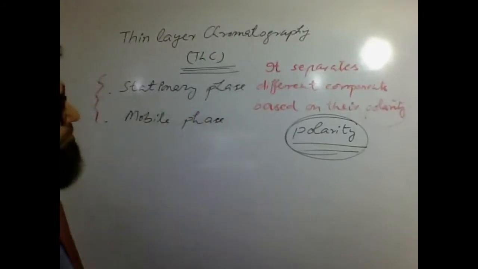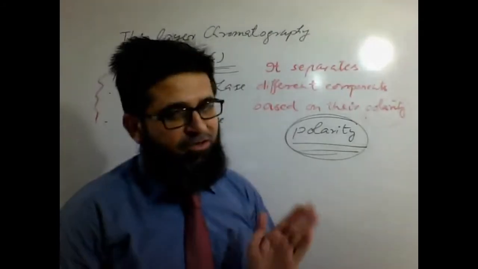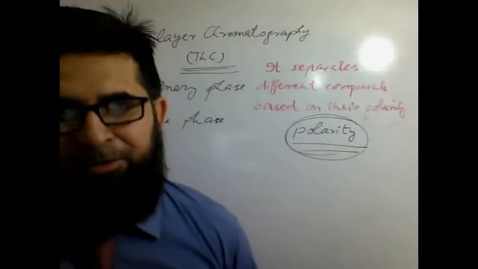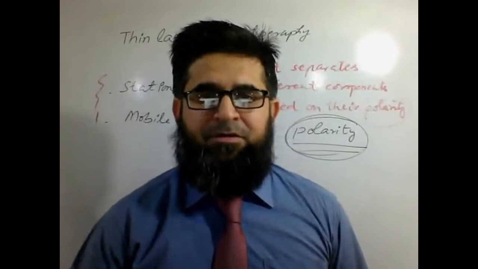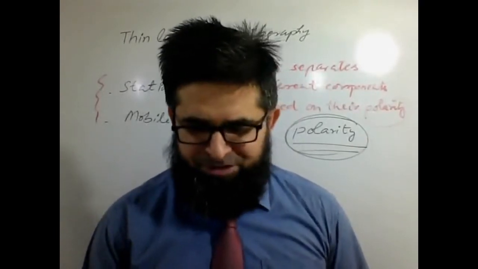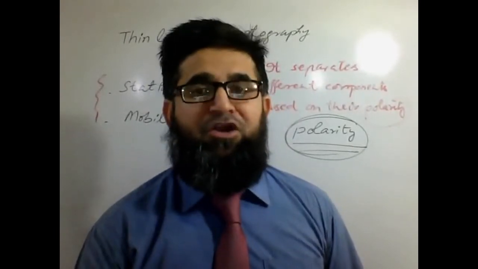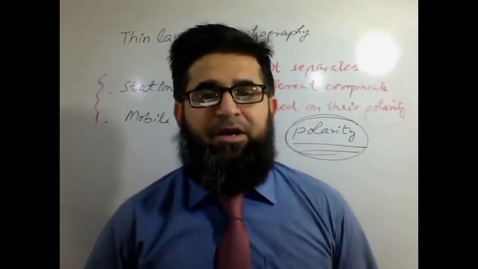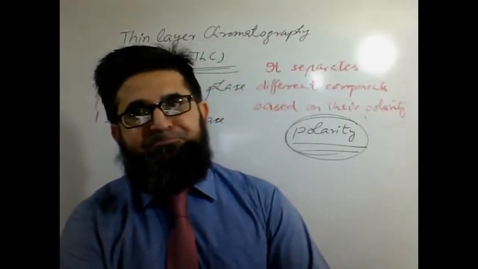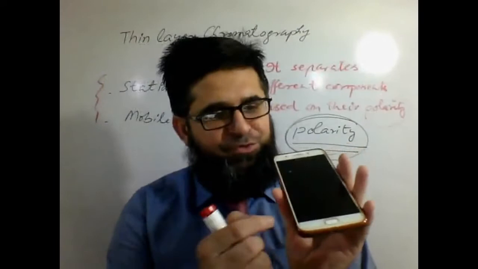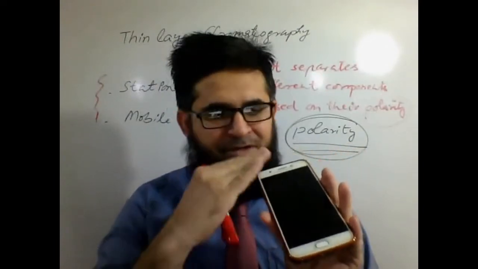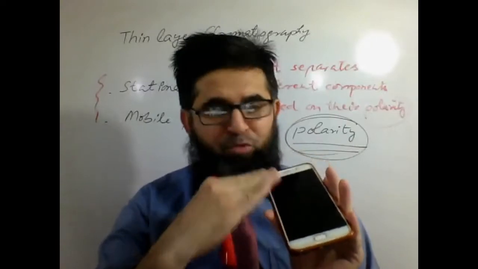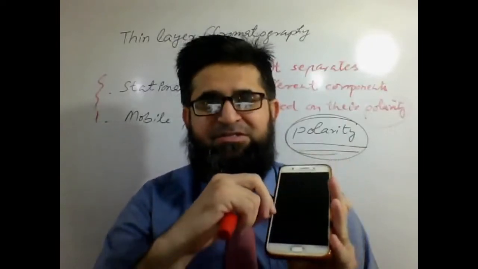Stationary phase. For thin layer chromatography, we need to have plates. The plates are very thin aluminium foils. I can give you an idea: like we use a very thin protector on the screen of a mobile, a very thin protective layer.